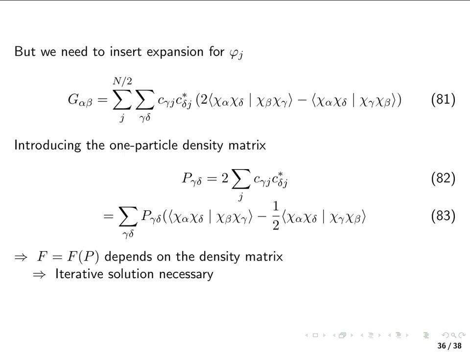So the Fock matrix in the Roothaan's equations depends actually on its own eigenvectors. And that means we have to solve Roothaan's equation iteratively. And how that is done precisely, we will discuss in the next lecture.